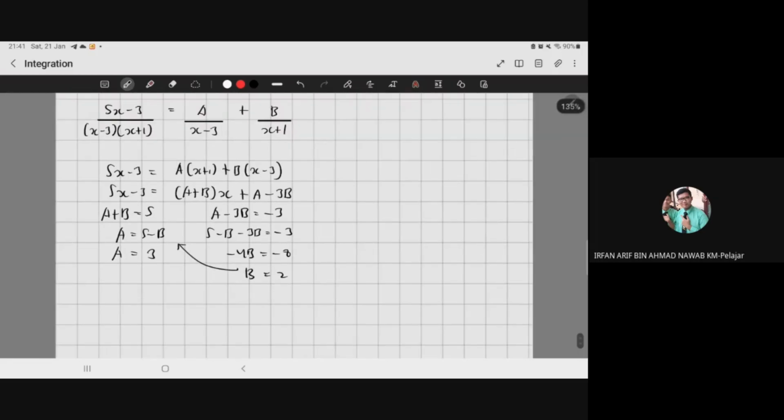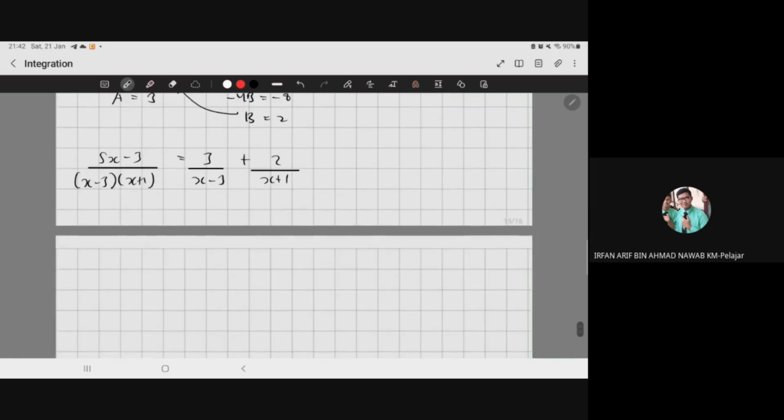In other words, 5x minus 3 over x minus 3, x plus 1 is equal to 3 over x minus 3 plus 2 over x plus 1.